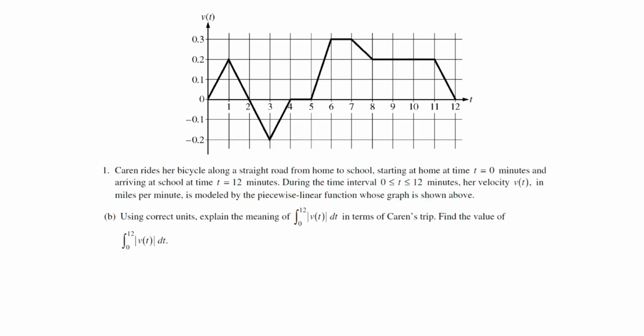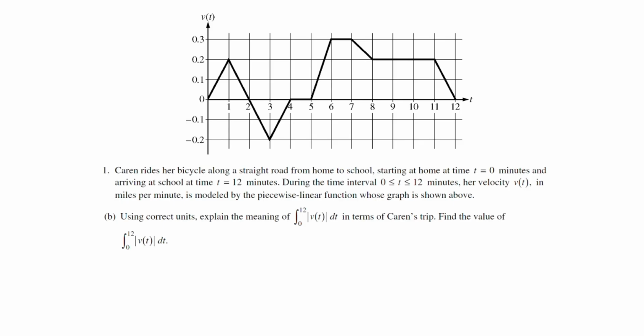In part B, it says, using correct units, explain the meaning of the integral from 0 to 12 of the absolute value of v of t dt. So, first of all, what does this mean? Well, the integral of the absolute value, that's the integral of speed. And an integral of speed tells you a total distance traveled.